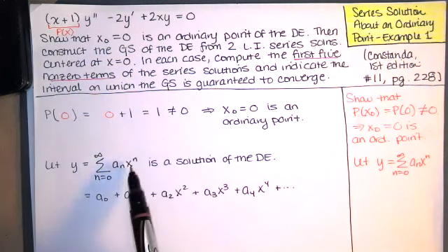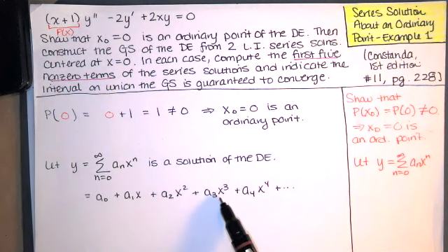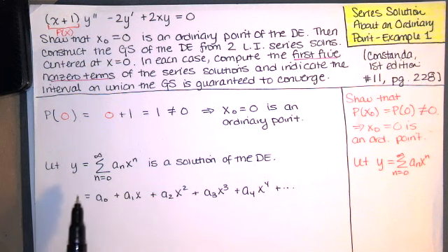Notice that this subscript and the exponent match, so a sub n is the coefficient of x to the n, or if n is equal to 3, we'll have a sub 3, that's the coefficient of x to the third. And now we're just trying to find the values of a sub 0, a sub 1, a sub 2, a sub 3, and so on, so that this series satisfies this differential equation.